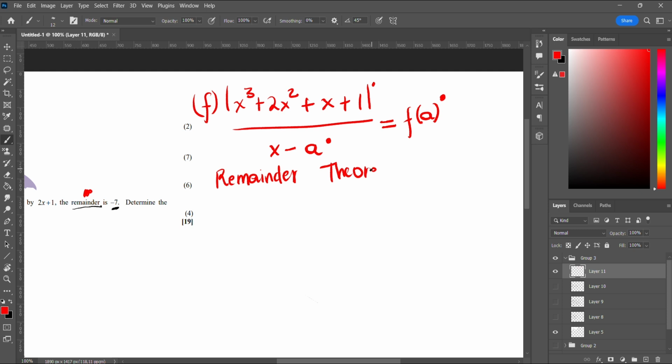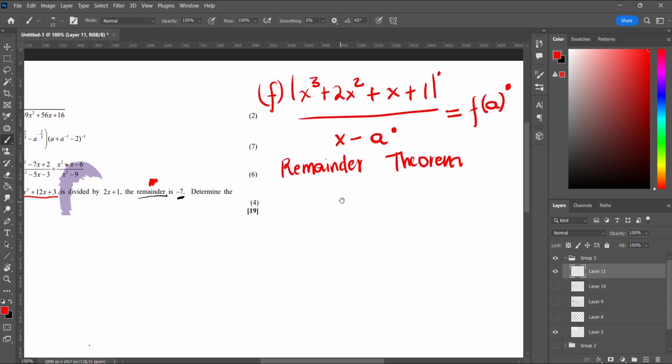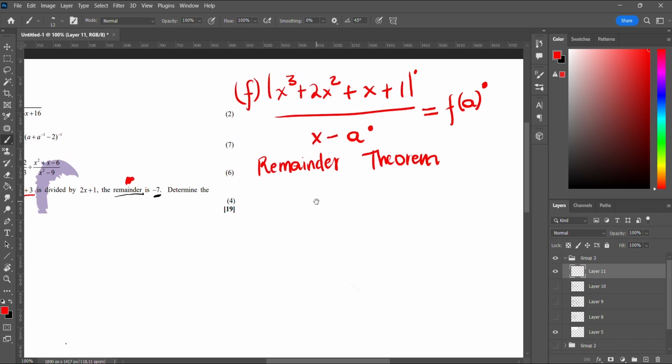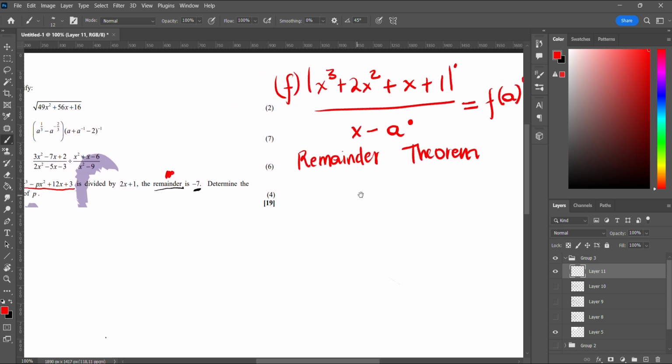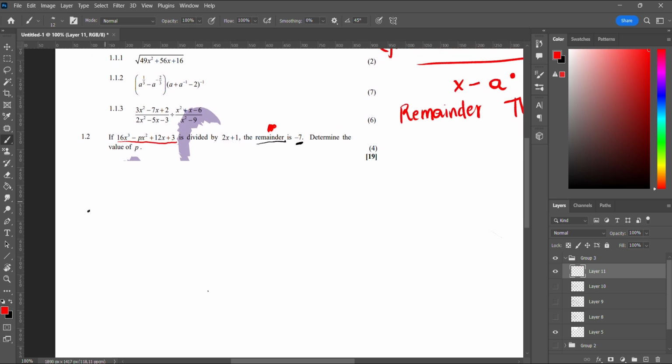It's kind of weird to put it in an algebra paper, but all these things have happened because it is kind of functions, so I wouldn't say that it's that wild. So we have now 16x cubed minus px squared.